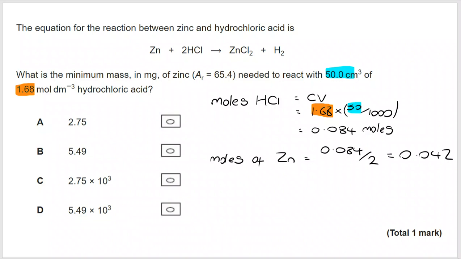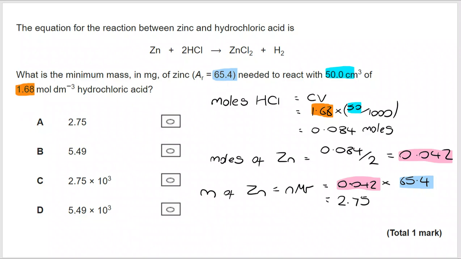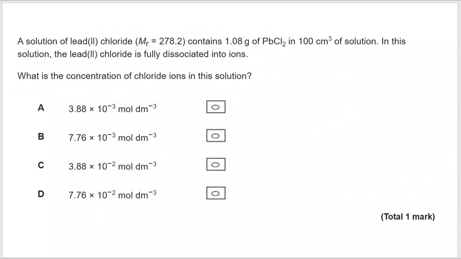And if I've got the 0.042 and I have got the atomic mass of zinc, 65.4, I can multiply those together and that will take me to 2.75. Now that's 2.75 grams. So we've got to read the question carefully. The question is asking for the minimum mass in milligrams. So we've got to multiply that by 1,000. So the correct answer is actually C. On to the next question.